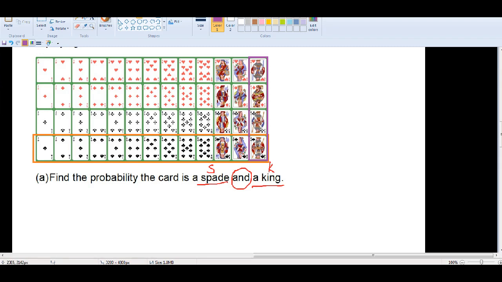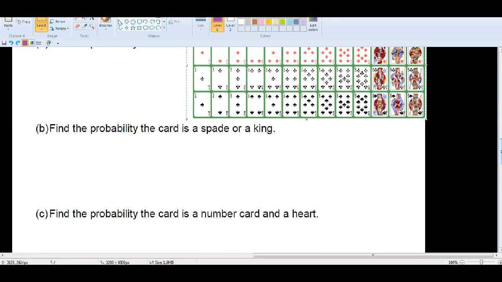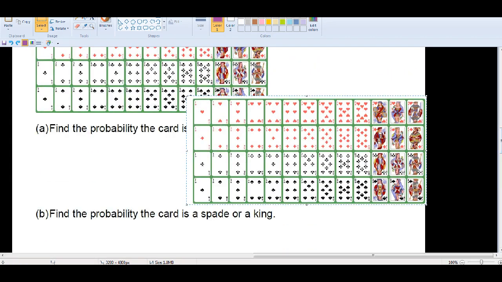So how could we construct a Venn diagram to represent this? Possibly I should copy this here to make a better illustration. Again, I have to make it smaller.